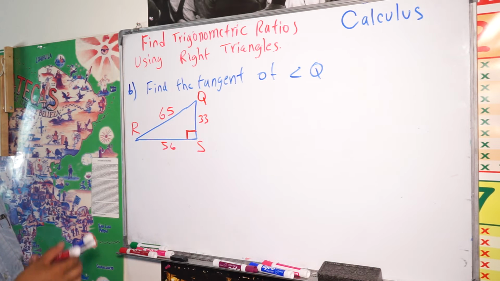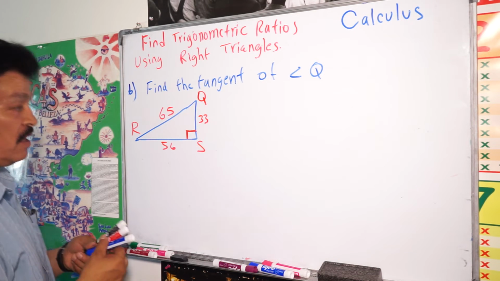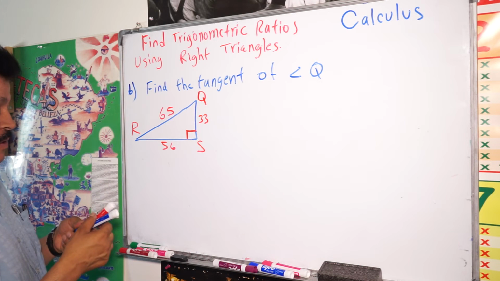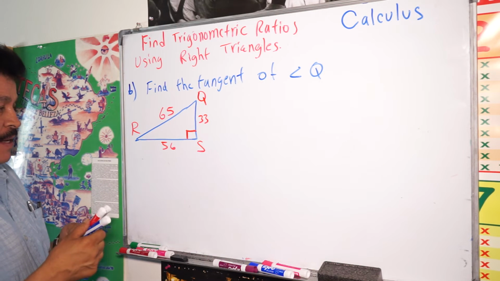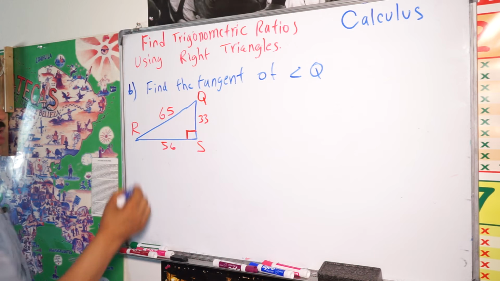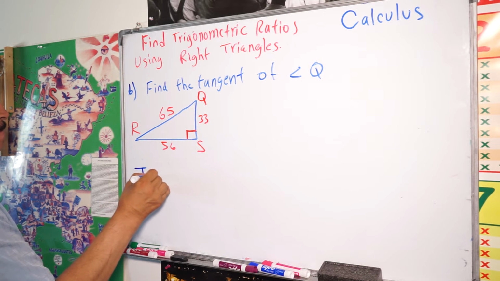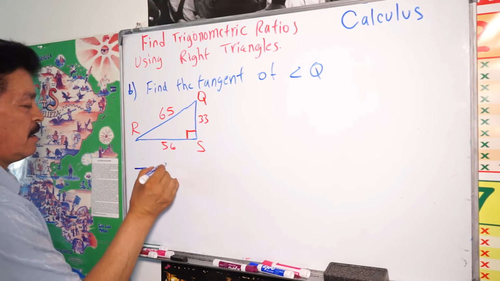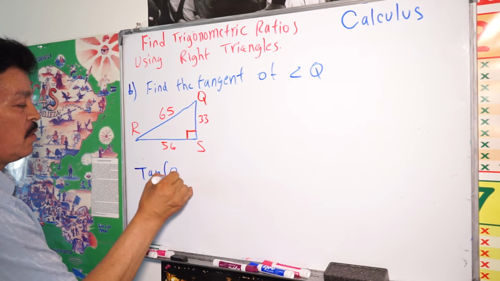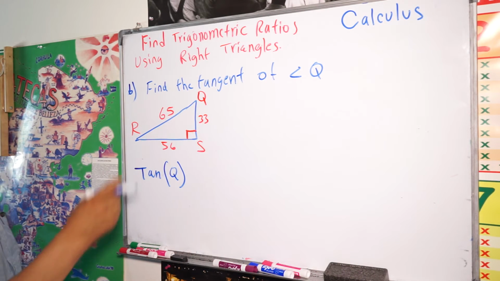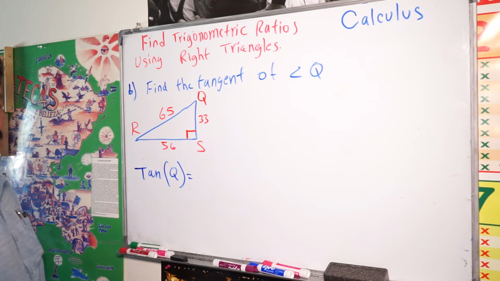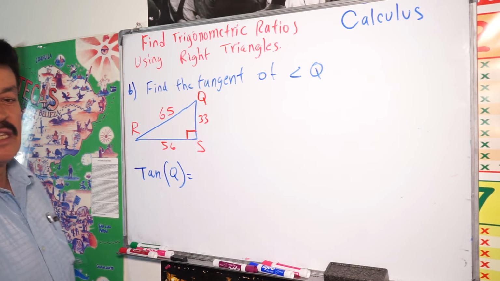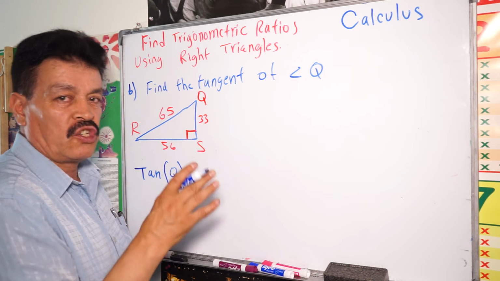First of all, we need to define the concept, what we mean by tangent. Tan of Q equals. What is the definition of the tangent? I showed you before.